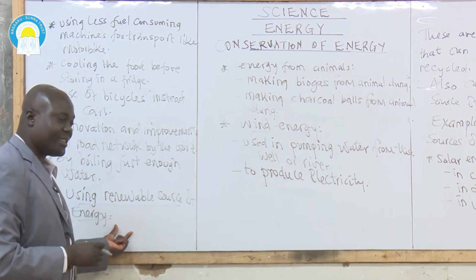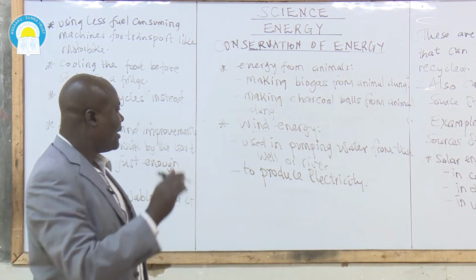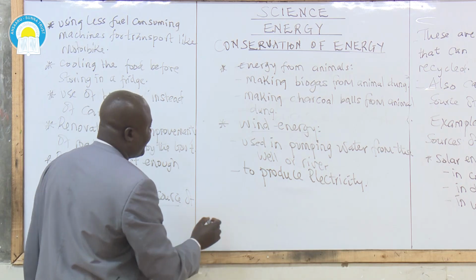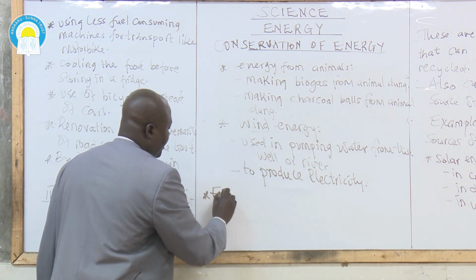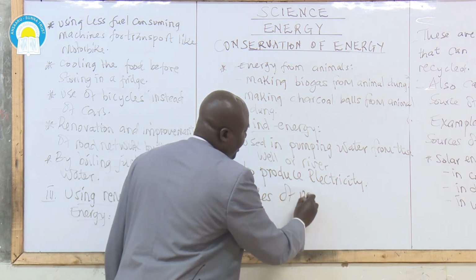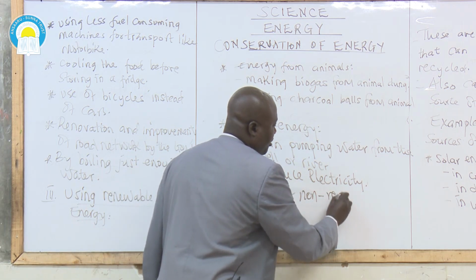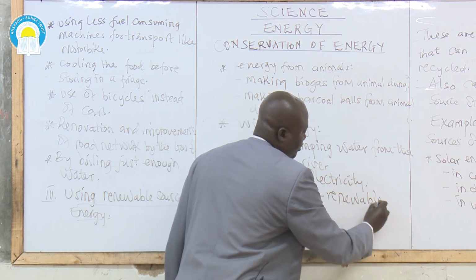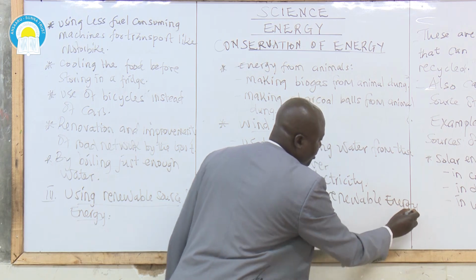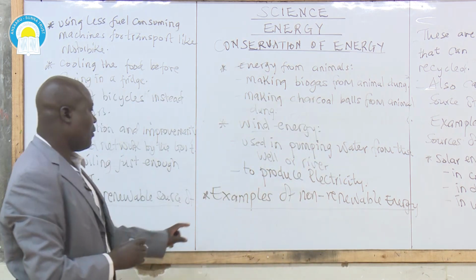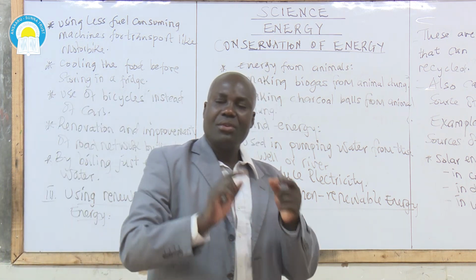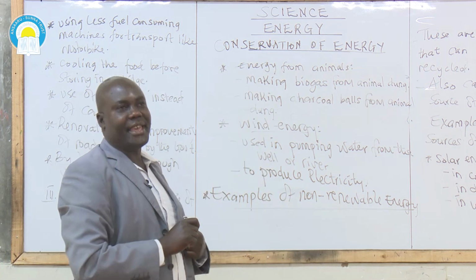Apart from renewable, as I said, we also have what we call non-renewable. So let's look at examples of non-renewable energy. This is the type of energy that, once you have used it, you can no longer make use of it again.